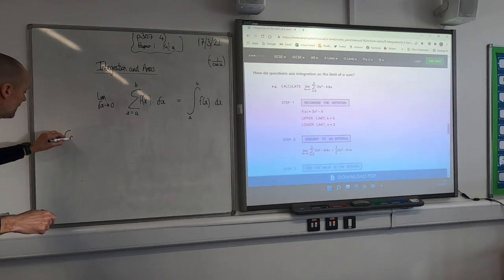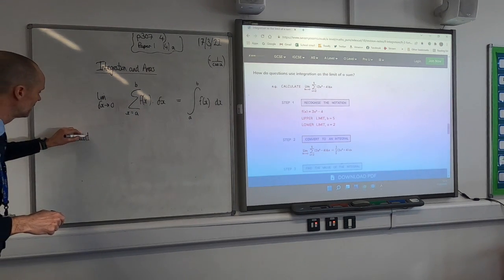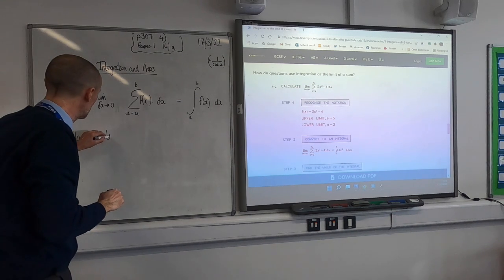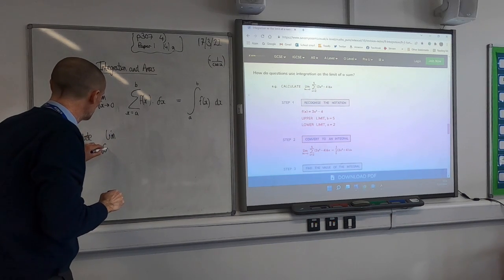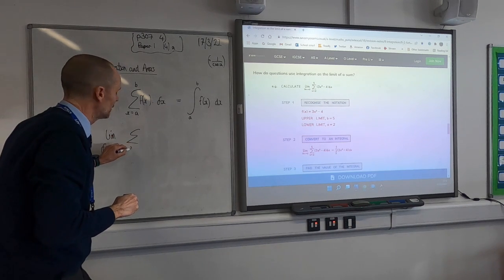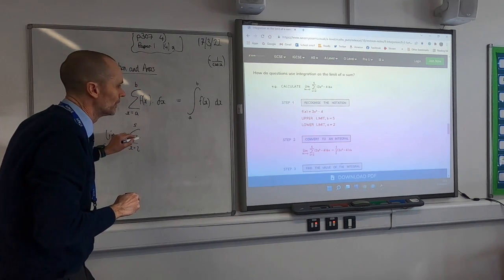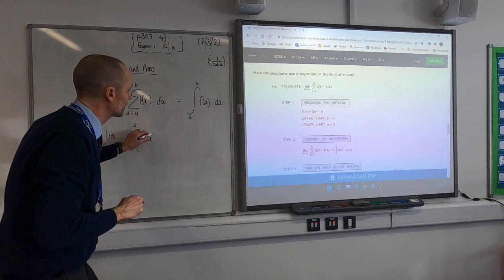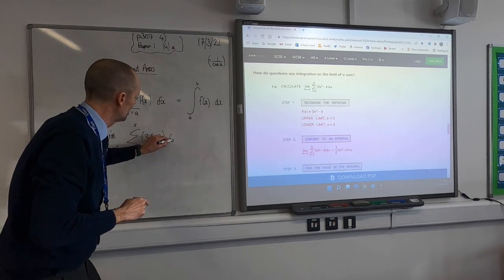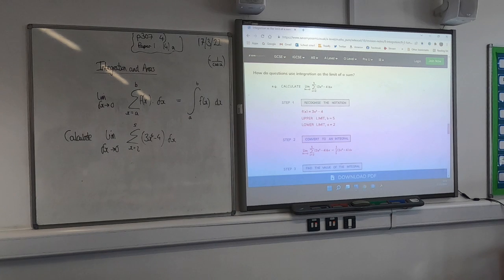It would say calculate, and they've got this notation for a particular function. In this case, it's the limit as delta x tends to 0 between 2 and 5 of the function 3x squared + 4 multiplied by delta x. That's what the question would say.